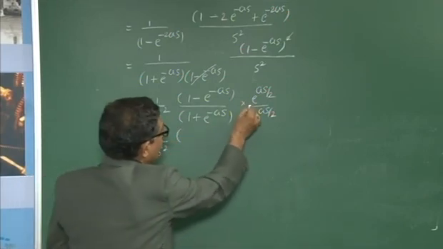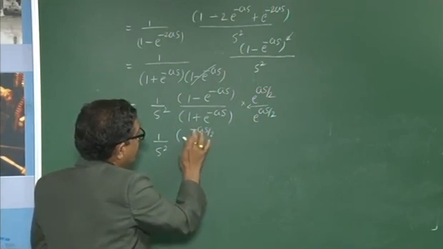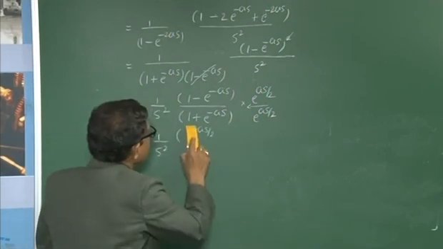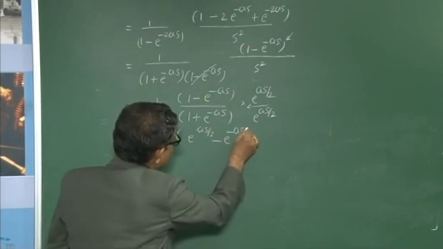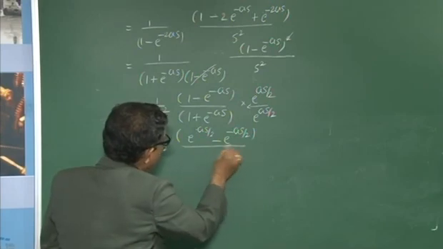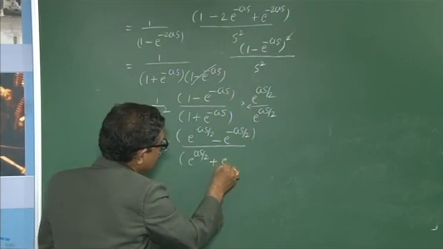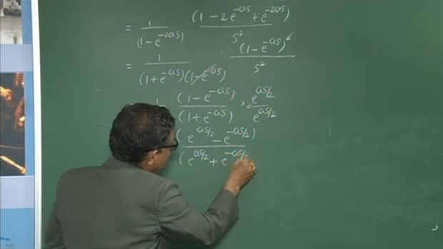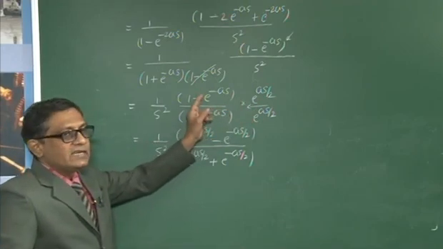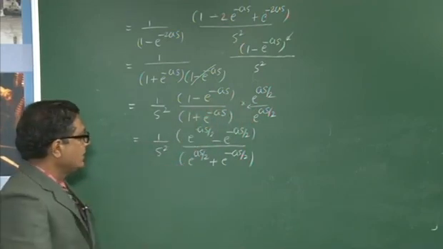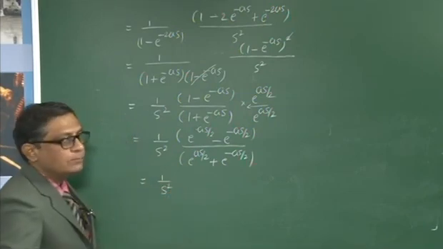If you take inside the bracket e raised to minus e raised to as by 2 minus e raised to minus as by 2, divided by e raised to as by 2 plus e raised to minus as by 2, if you take e raised to as by 2 inside the bracket for numerator and denominator, now how to write it in simplified form?